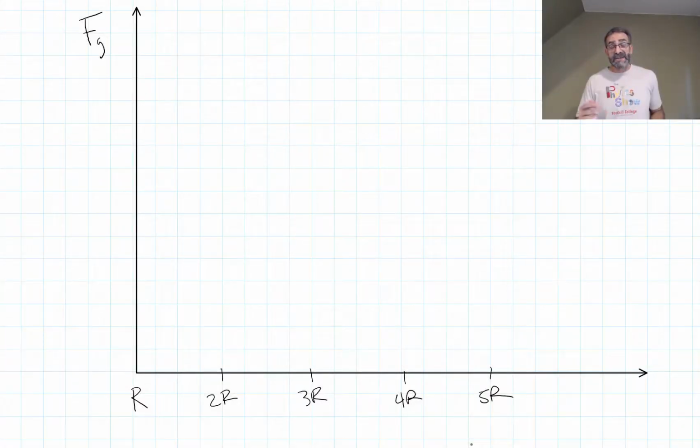So if I'm a distance r away from some object, I feel a force F sub 0. I know if I'm twice as far away, my force is going to be 1/4.